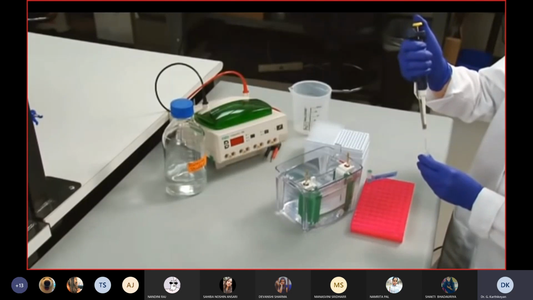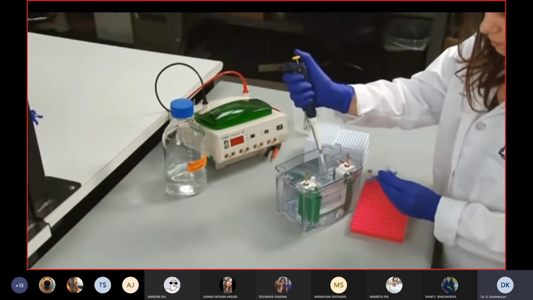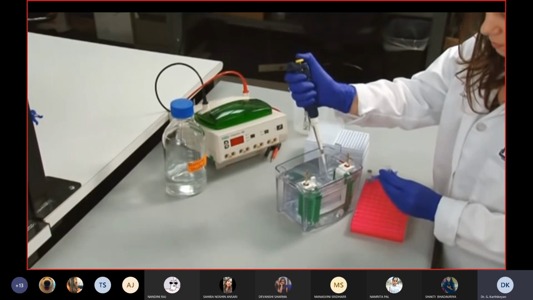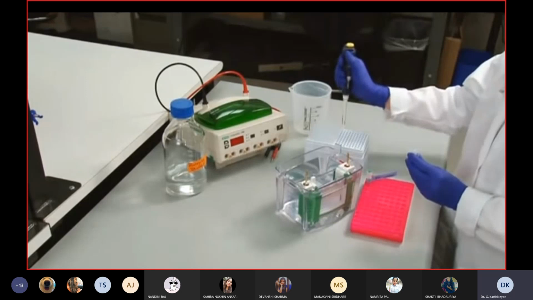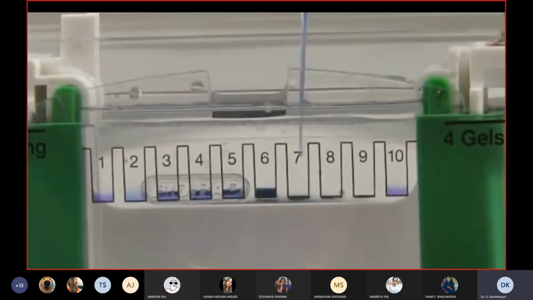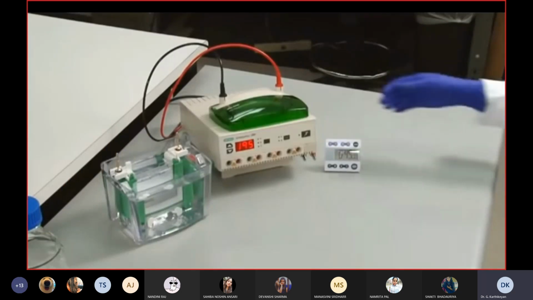If you are unsure of the amount of protein to load, 10 to 30 micrograms of total protein is a suggested starting point, as well as titering the amount of sample loaded. You will also need to reserve at least one well for a pre-stained molecular weight ladder.